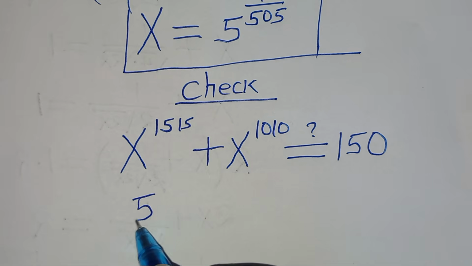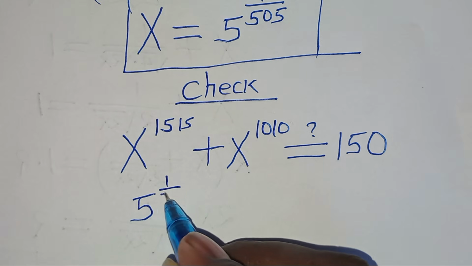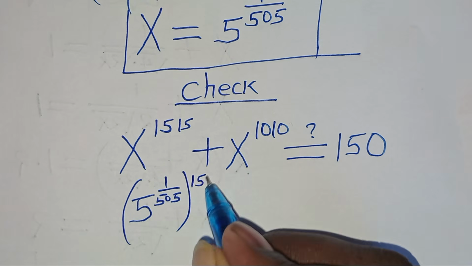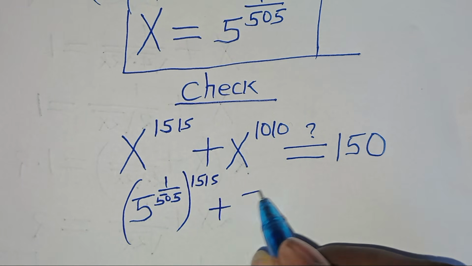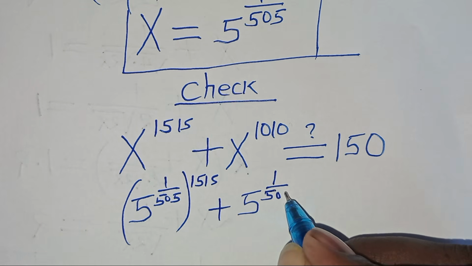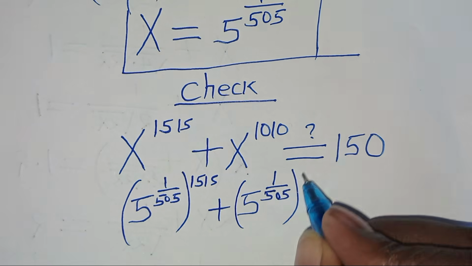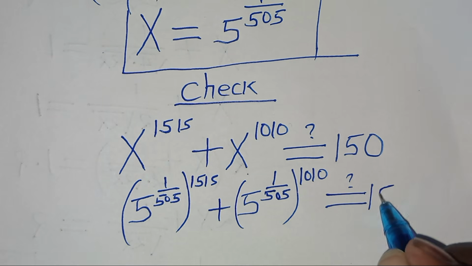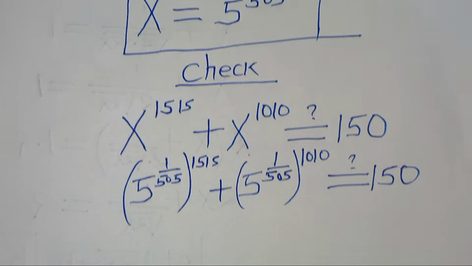We have 5 raised to the power of 1 over 505, all raised to the power of 15, plus 5 raised to the power of 1 over 505, all raised to the power of 10. This should give us a value of 150.